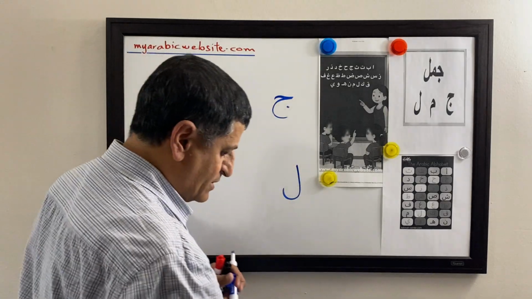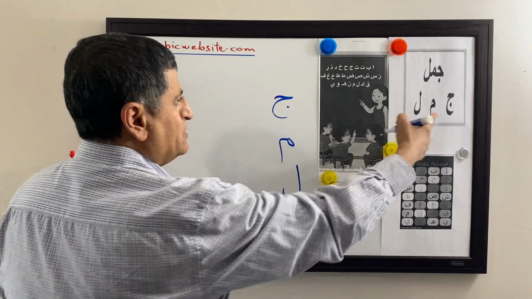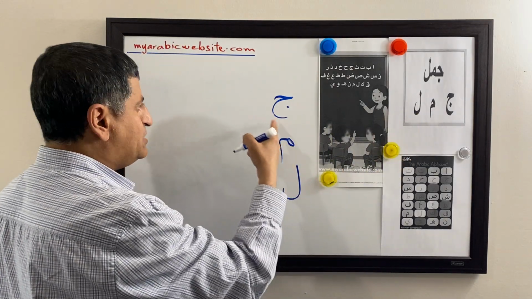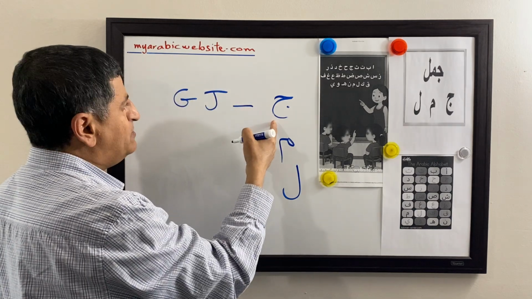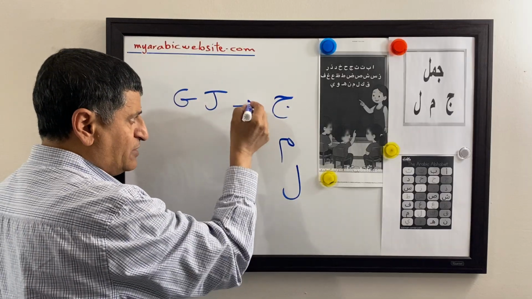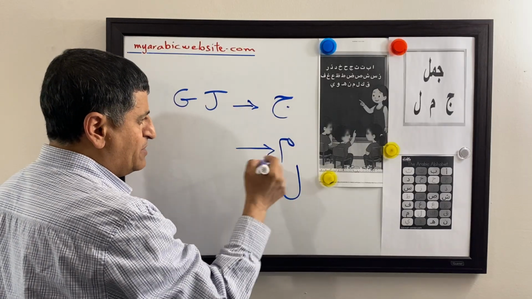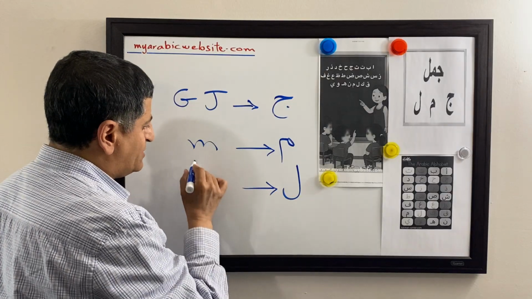So we go back again here, the word Jamal. Jim, Mim, Lam. Jim sounds like G, because in Arabic we have only one Jim. In English, we have both the J and G sounds, so it is represented in Arabic like this. And Mim is like M in English, of course. Lam is like the L sound.